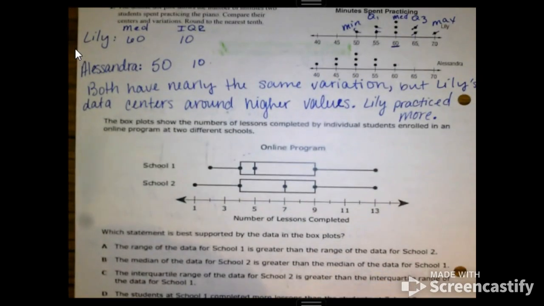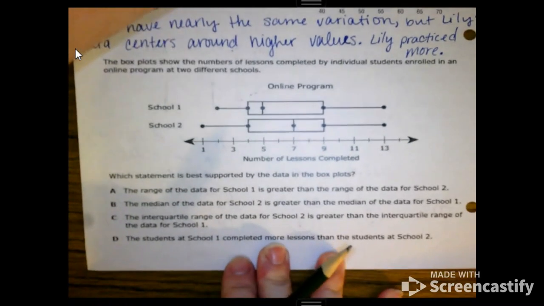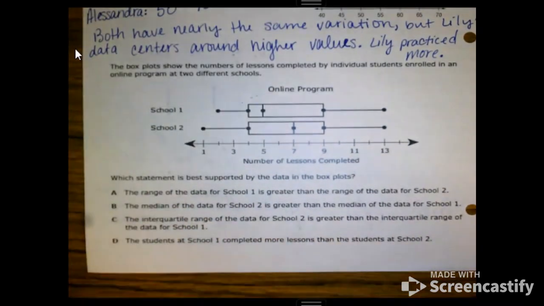Okay, this next one is a way that this could be tested on the STAR test. To me, it's significantly easier. So I want you to try it. When you've got an answer, put your thumbs up.